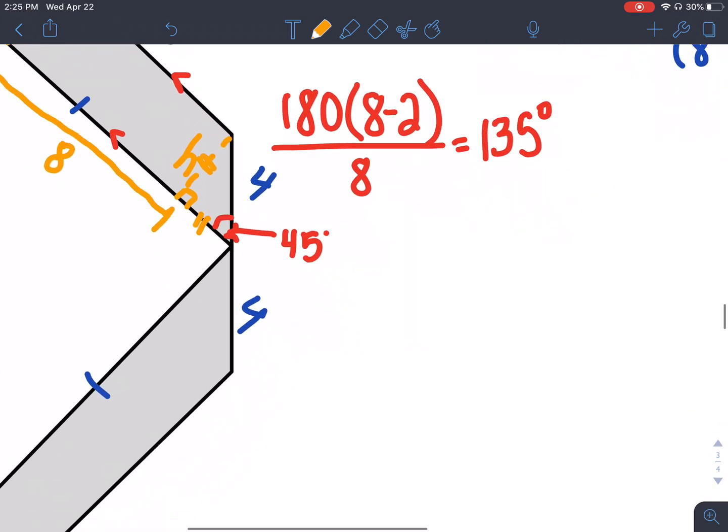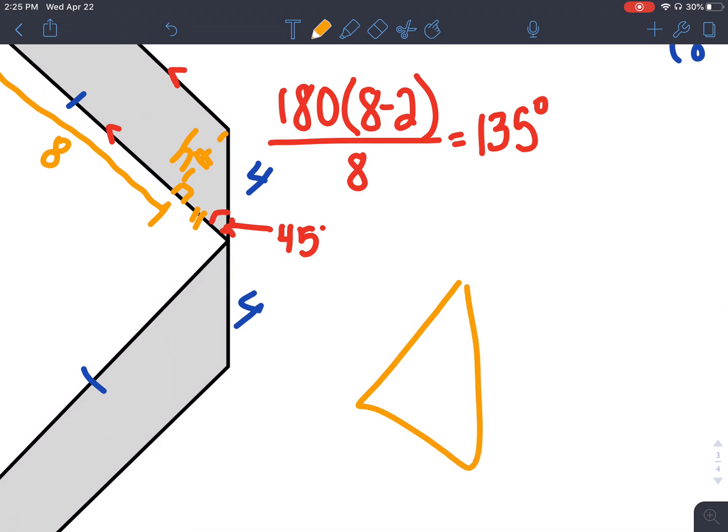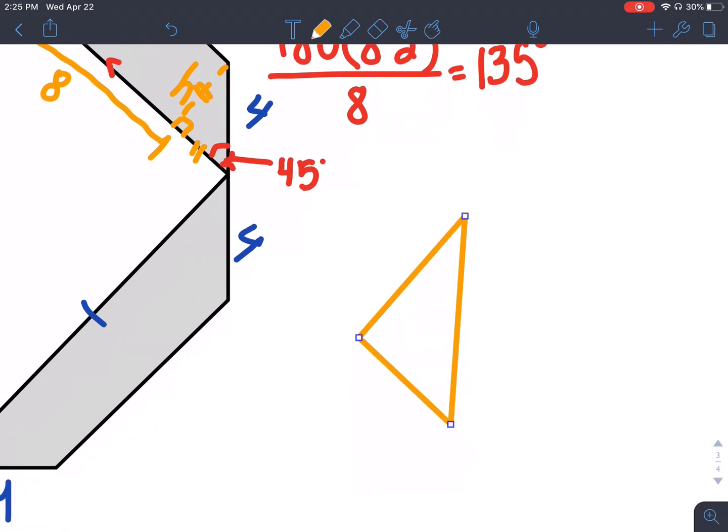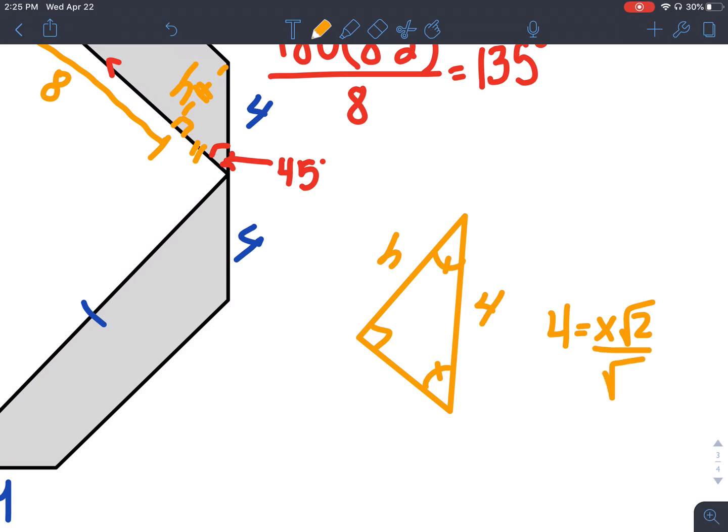So if I think just about that triangle, which I'm going to redraw just for convenience here. So here's my height. I know that this is 4, and I know that these 2 are congruent angles. So my 4 is actually representing x root 2. So I'm going to divide by root 2, 4 root 2 over 2.